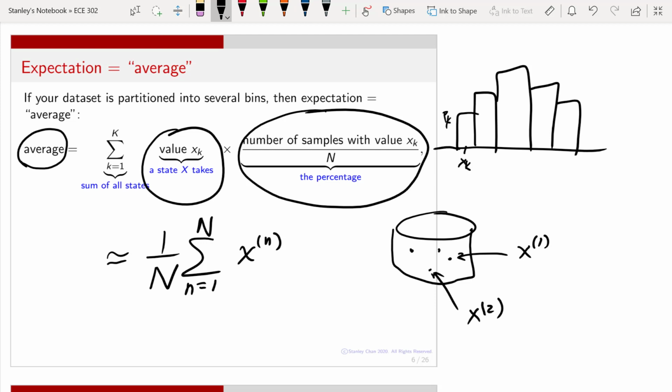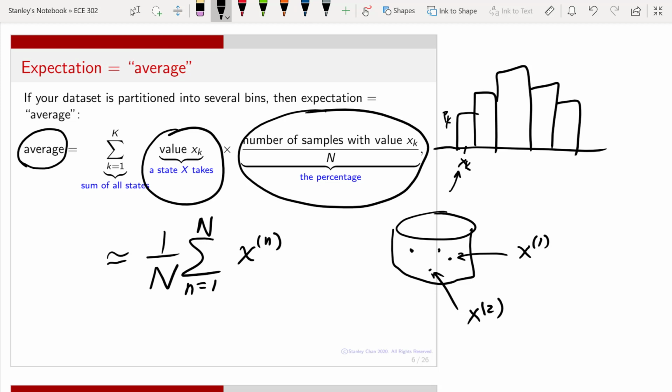Now, you can also try to group all these numbers into small bins. Each bin will have a center. For example, here is the k-th bin, and then you put the numbers all into their closest bins. And then this is the histogram, and you can also calculate the average from this histogram. So there's a very, very minor difference between this calculation based on summing all the samples divided by the total number of samples versus this histogram way of calculating the mean.